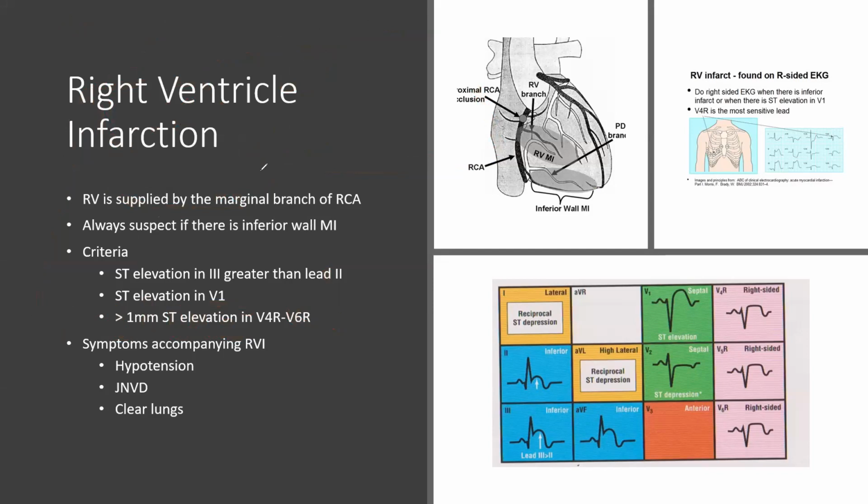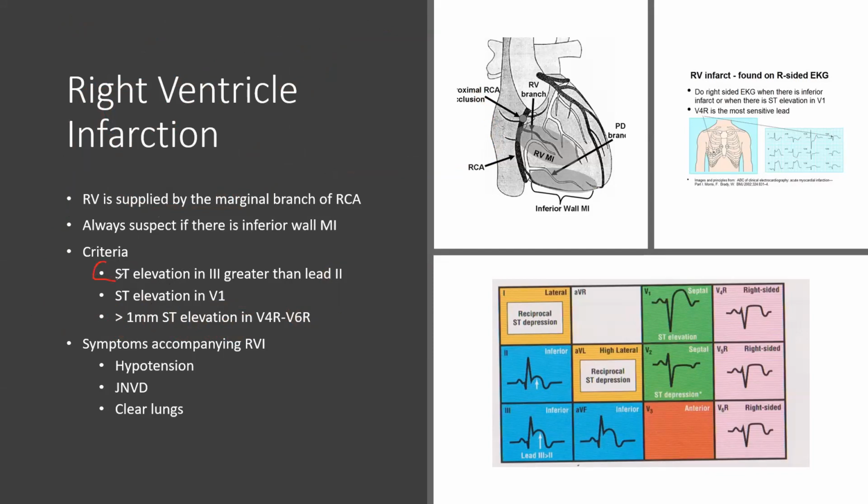So whenever you have an inferior wall MI, what I'd like for you to do is to make it a habit to check for the presence of a right ventricular infarction. So how do we diagnose that?